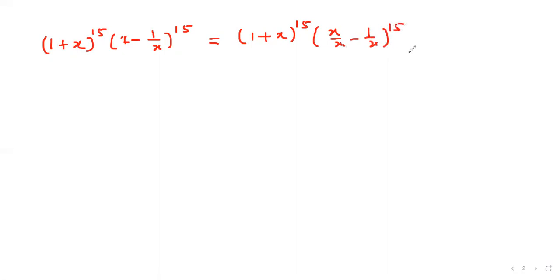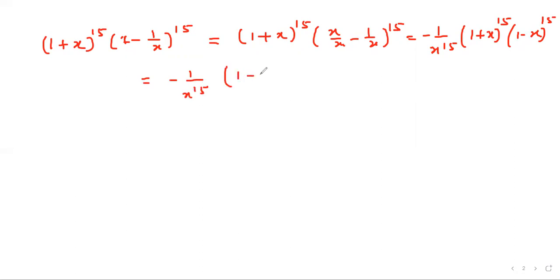Then we can take common minus 1 upon x power 15. So we will be left with (1 plus x) power 15 multiplied by (1 minus x) power 15. Or equivalently 1 upon x power 15 times (1 minus x square) power 15.